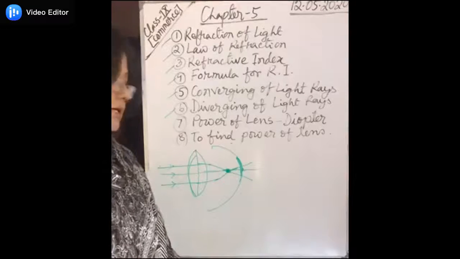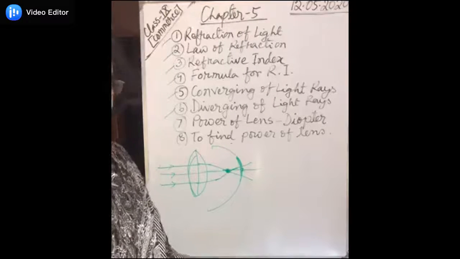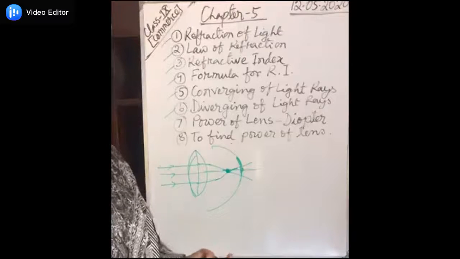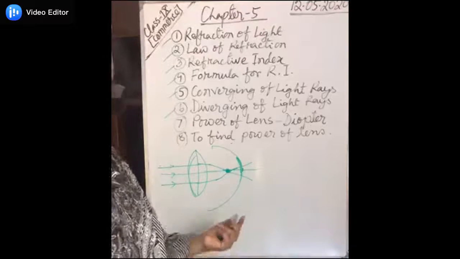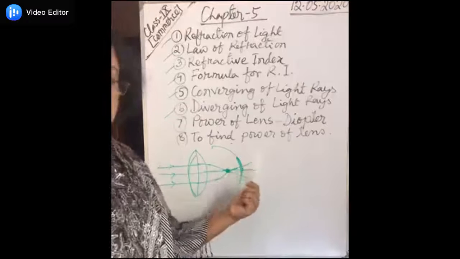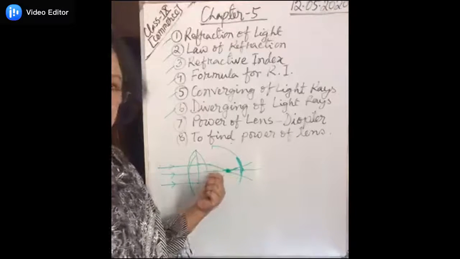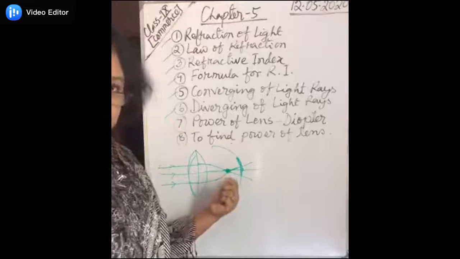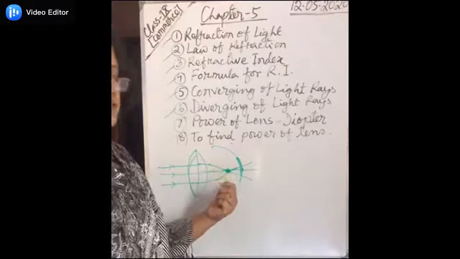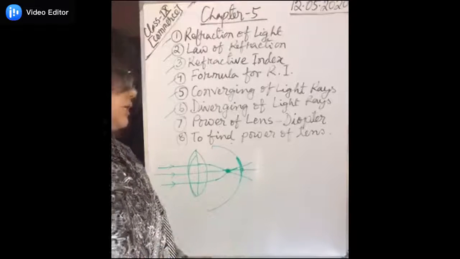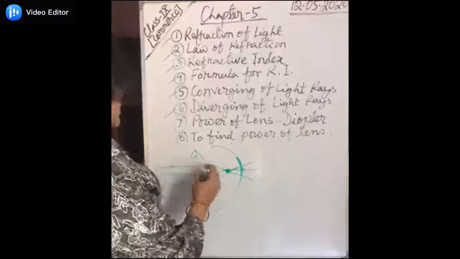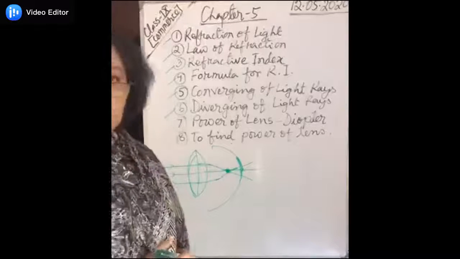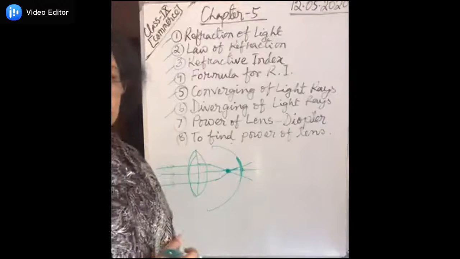The optic nerve is present there, and different kinds of cells are present which receive the signals from the image created on the retina. But if the focal point is in front of the retina, they are not getting the information about the image, so people cannot see properly. So this converging and diverging power of the lens is called power of lens.